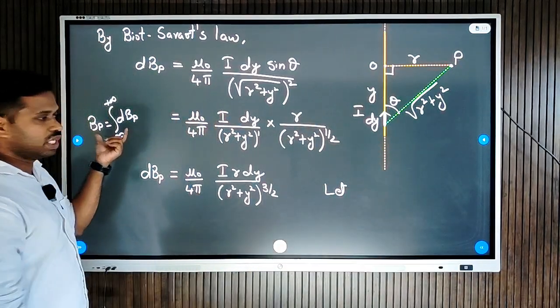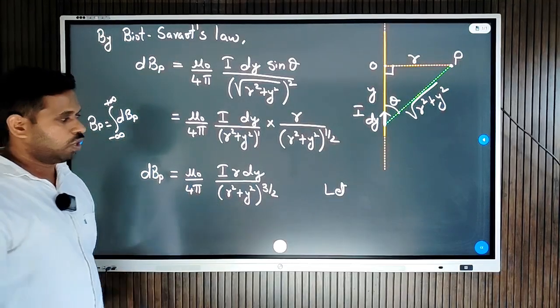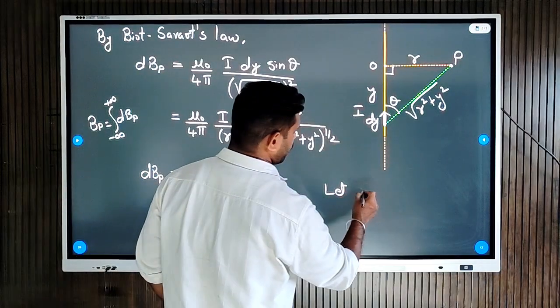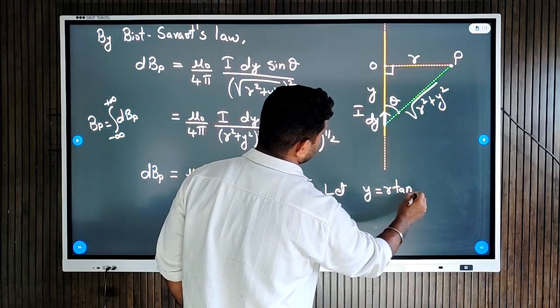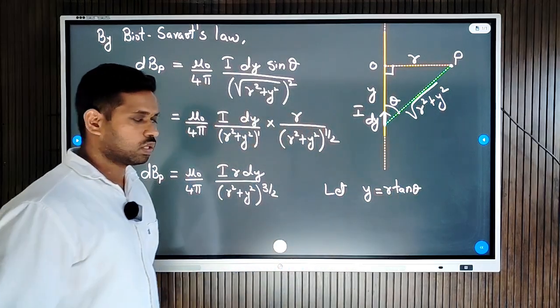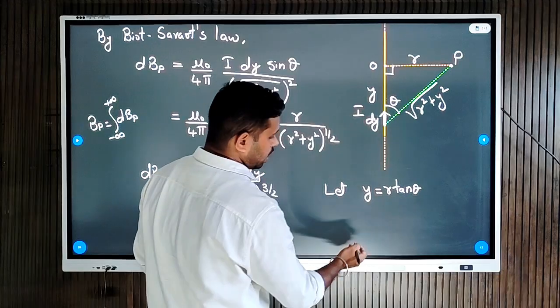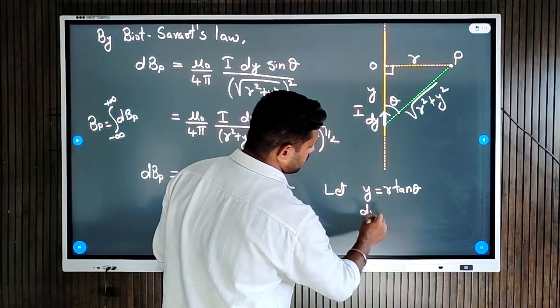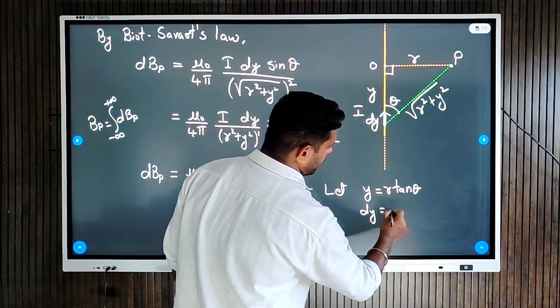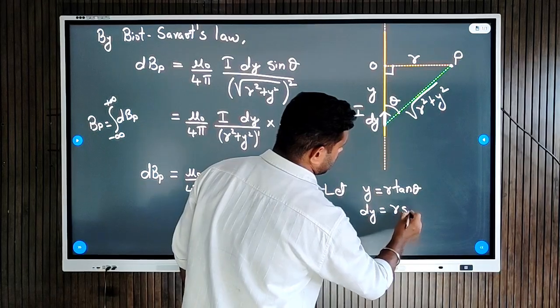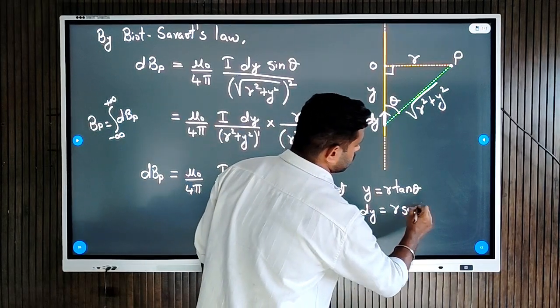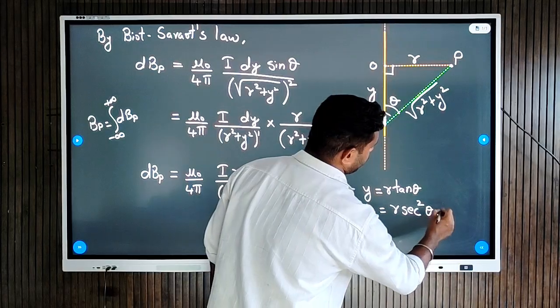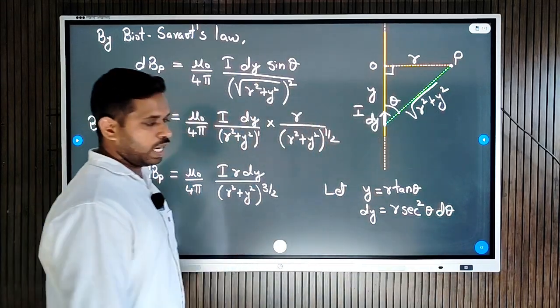In order to do the integral of this function, we will assume y is equal to r tan theta. Taking the derivative, dy is equal to r sec squared theta d theta.